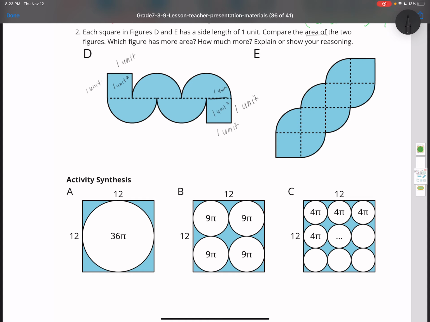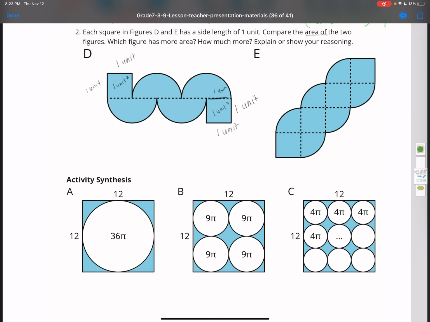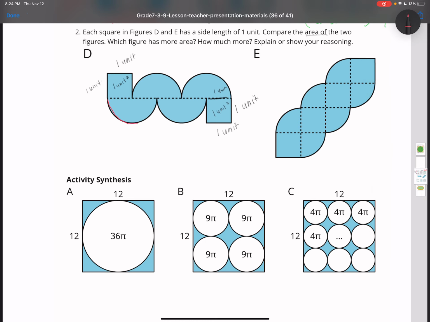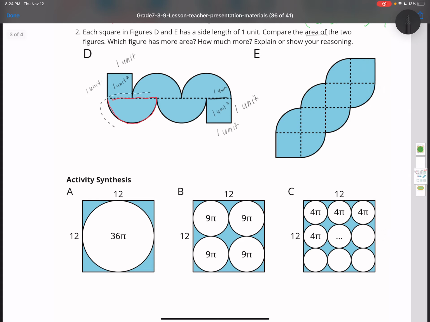So if you notice, right? And guys, I love to trace. If you notice that these 2, and I'm going to slide one of them over, it makes 2 full circles. So if I slide this over, it makes a circle.